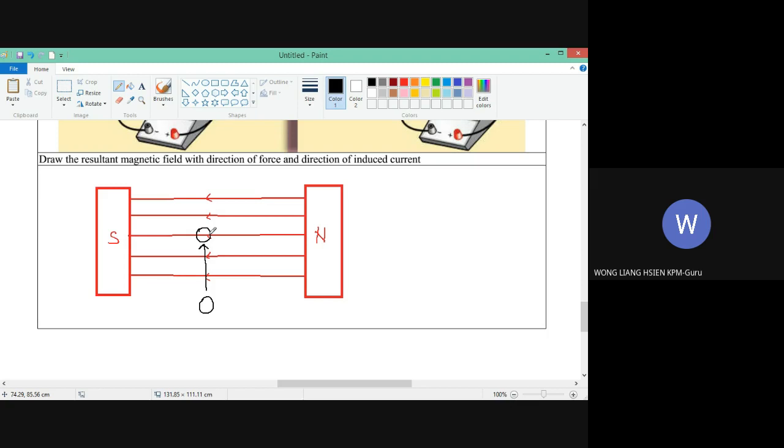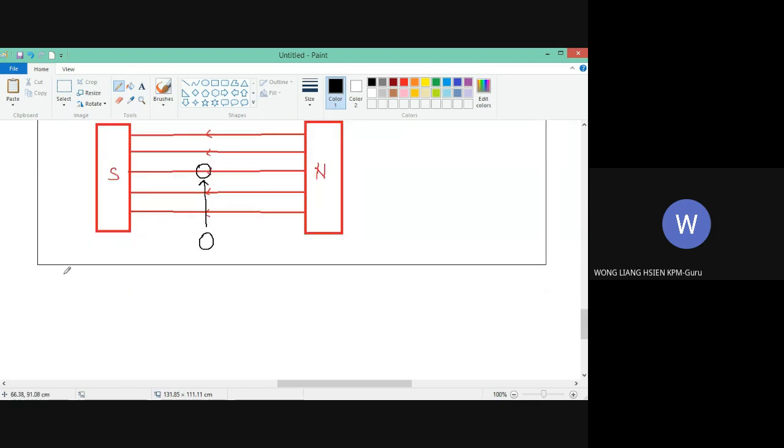Last time we learned about the principle of conservation of energy. Remember the principle of conservation of energy. This part is very, very important.